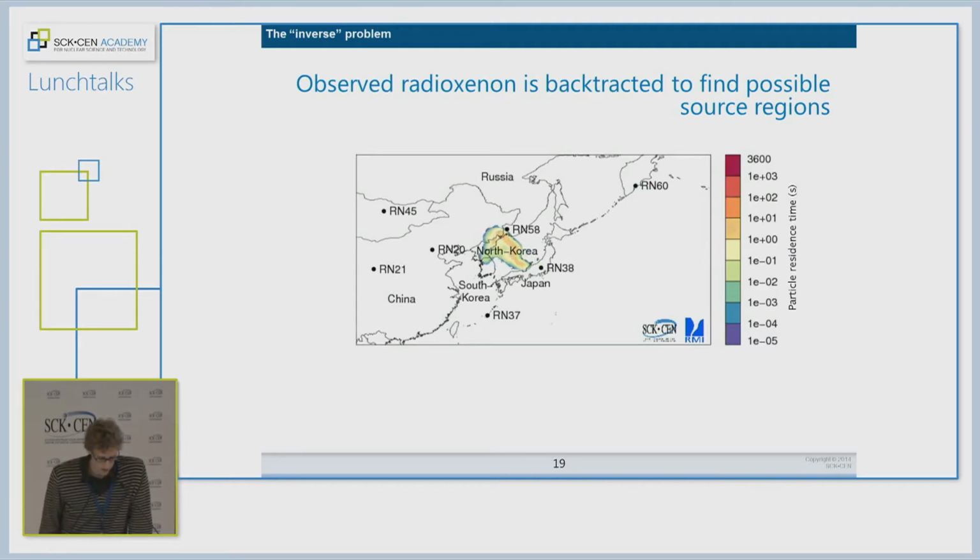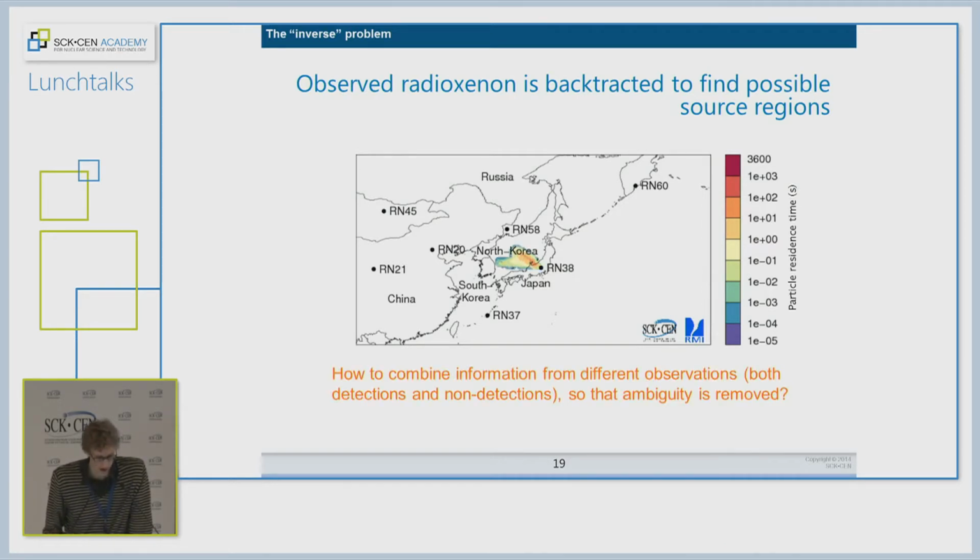And you can see in this example here we backtrack one observation, and the results show that the source could either be nearby and weak, or it could be far away and strong. So there is quite some ambiguity. And with one observation we can't pinpoint a source location. So the trick is now to combine information from different observations, and that means both detections and non-detections, to remove this ambiguity.